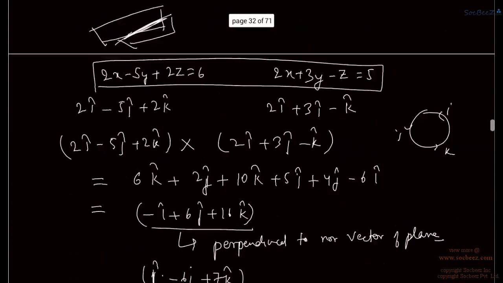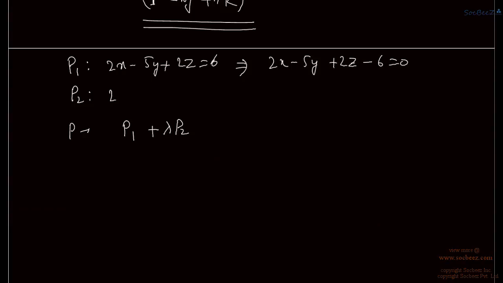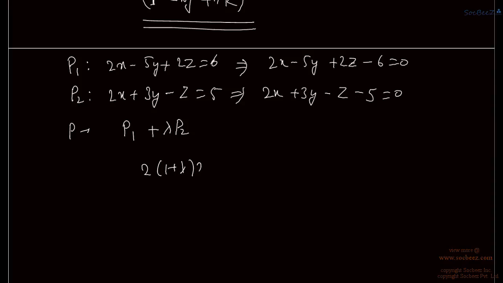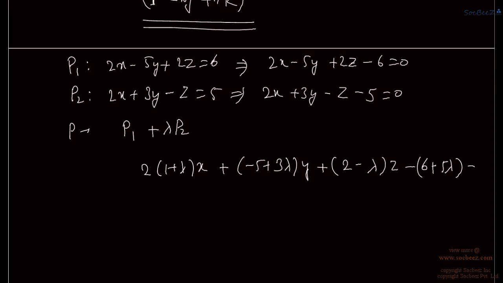And the equation of plane P2 is 2x plus 3y minus z is equal to 5, or we have 2x plus 3y minus z minus 5 is equal to 0. Okay. So P1 plus lambda P2 can be written as 2 into 1 plus lambda x plus minus 5 plus 3 lambda y, plus 2 minus lambda z minus 6 plus 5 lambda is equal to 0.